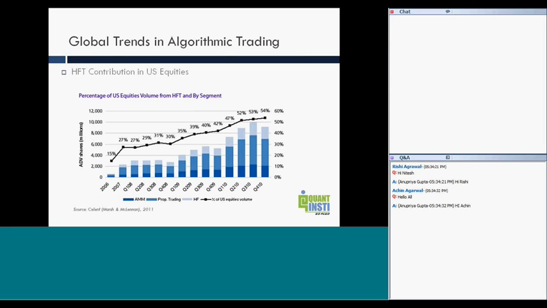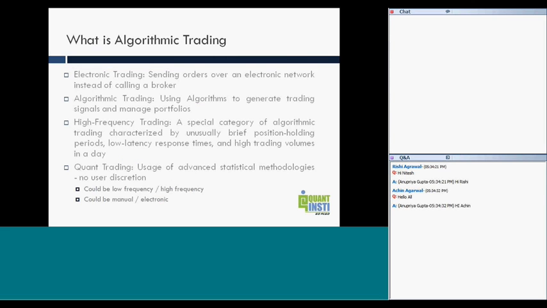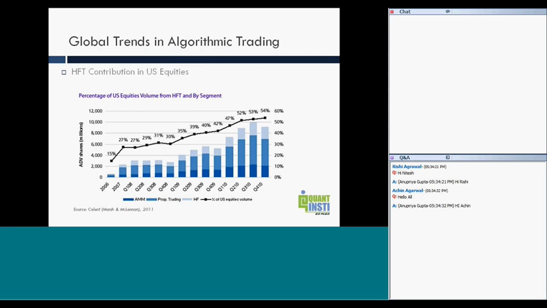So that's about the definition of algorithmic trading and related things. The second thing is where algorithmic trading currently stands right now. I have included a few charts which give you an idea of where algorithmic trading currently stands. This data is from 2006 till 2010. This line graph depicts the percentage of US equities volume that is done by HFT.